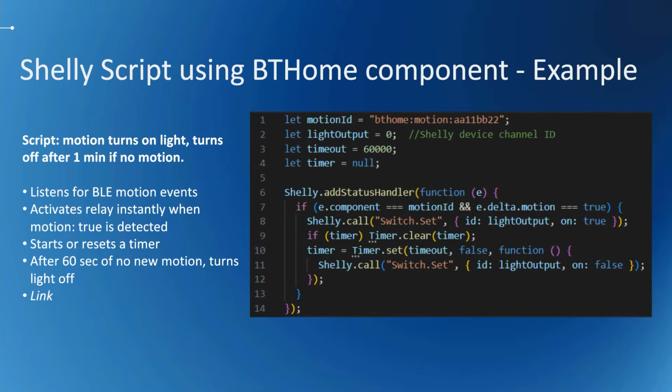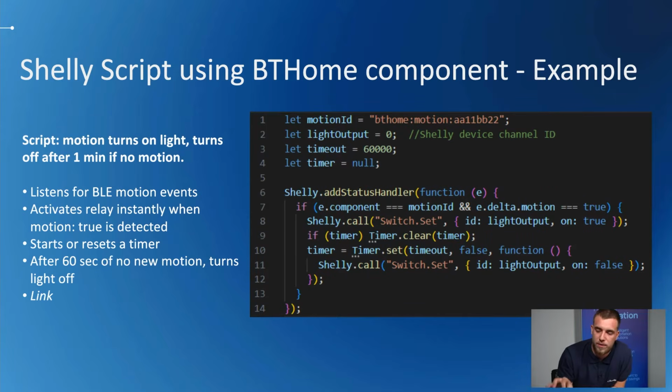Let me just switch to the script right away. So here in the script, I don't want to dive into many technical details, but on the first line, we have the motion ID. I chose Bluetooth Shelly Blue Motion for my automation. So this is what I talked about earlier. Here we have the light output, which is the Shelly device channel that I chose to control with the script.